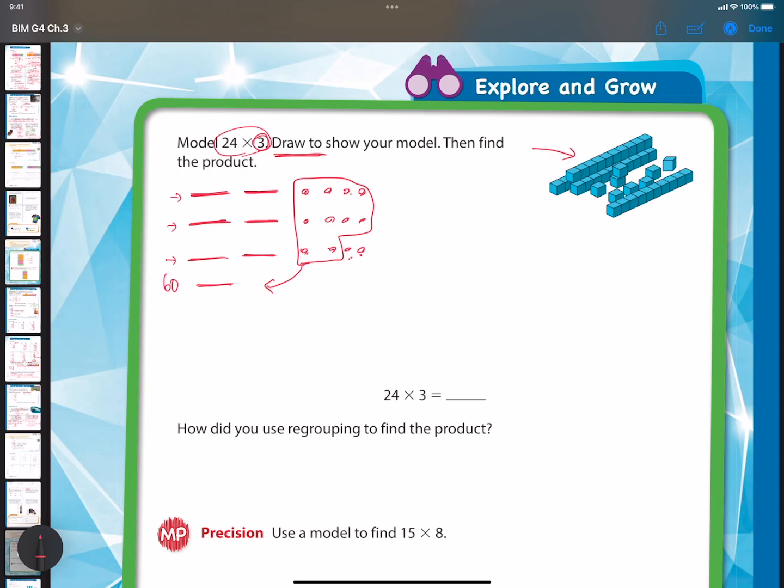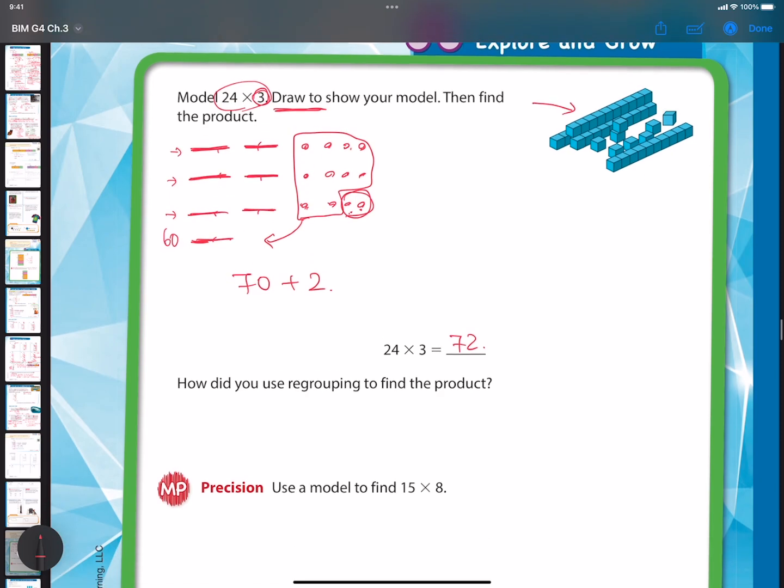So how many 10 blocks, which we used to call longs, are here? 1, 2, 3, 4, 5, 6, 7. Plus how many ones are left? 2 left. So 24 times 3 is what?